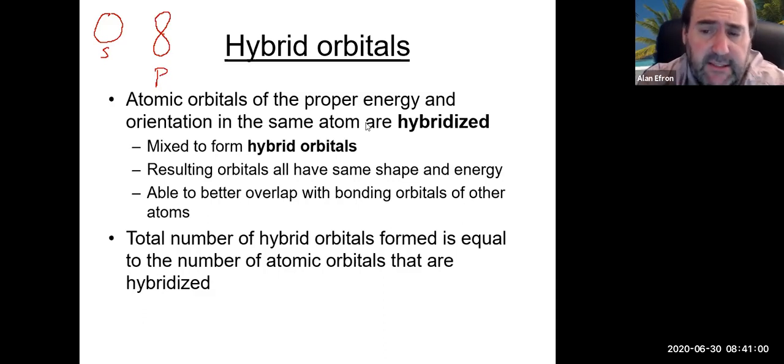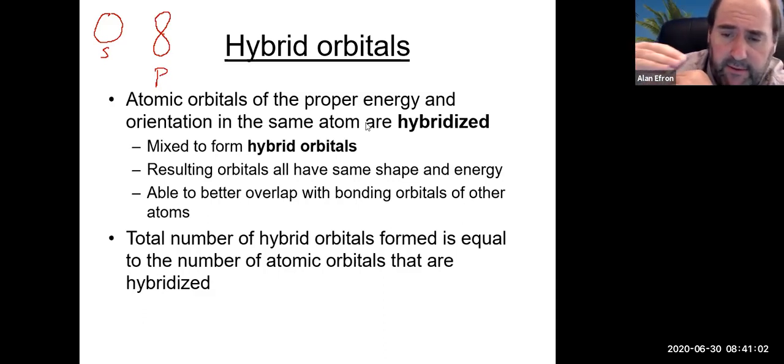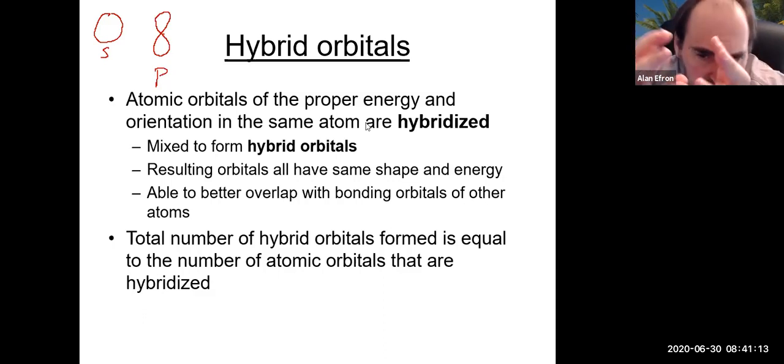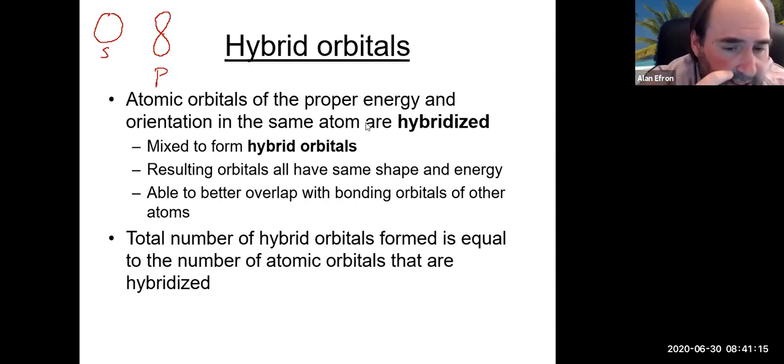And in addition, instead of mixing an s orbital that's here and a p orbital that's here, you're now going to have hybrid orbitals that are the same shape, and they end up being the same in terms of energy. So everybody's the same in terms of energy, everybody's the same in terms of shape, and it makes for better bonding, better overlapping of those orbitals.